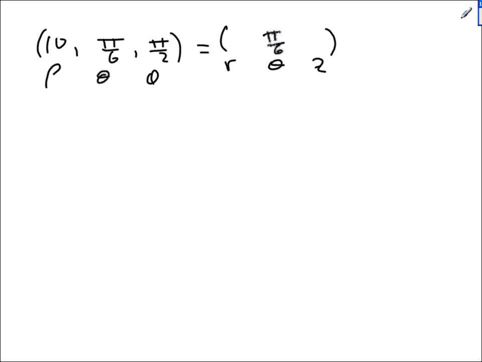Now, we know that rho squared is r squared plus z squared. And rho is 10. You know what? Let me not use square root. So rho squared, which is 10 squared or 100, equals r squared plus z squared. Okay, that helped us.